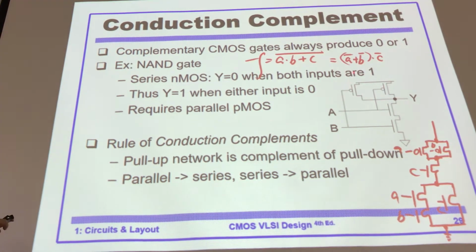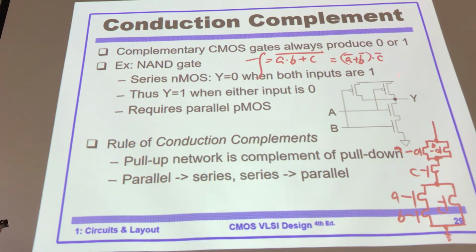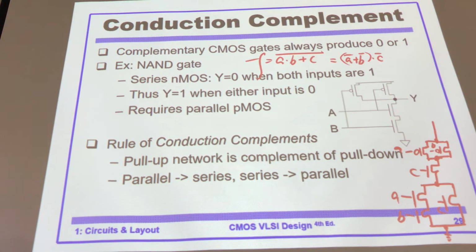So when A, B here are connected in parallel, it's an OR: if either one is on, you get on for the network. A dot B is in series, so it has to be both are 1, you get 1. You have to have two on to get on for the P network.